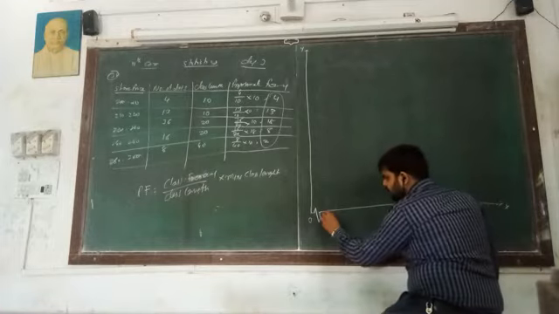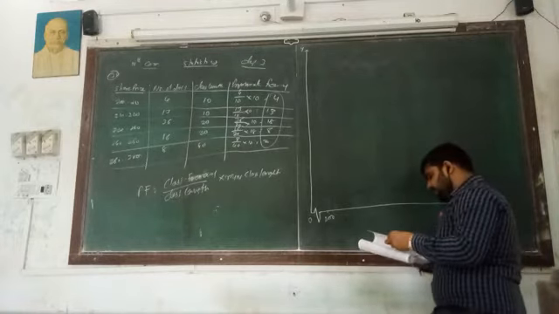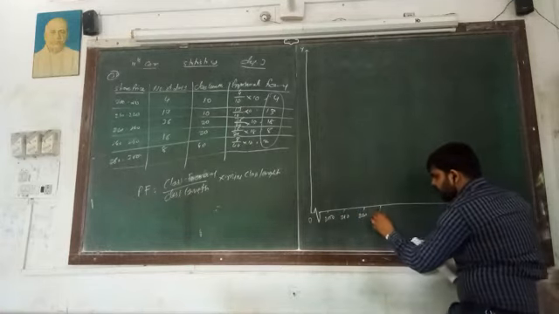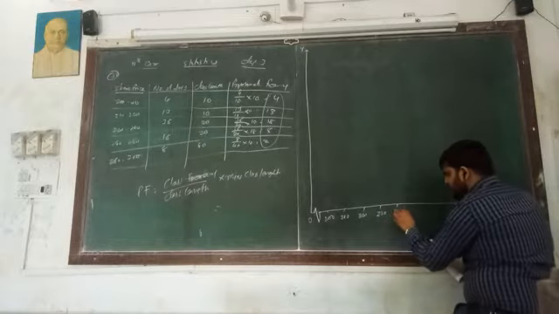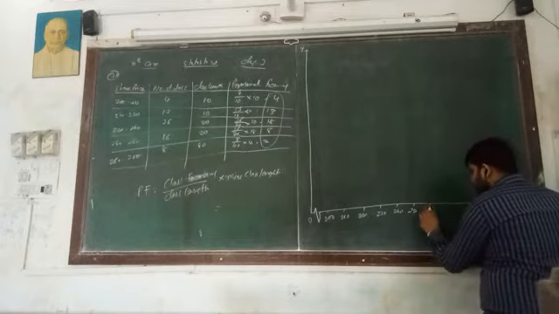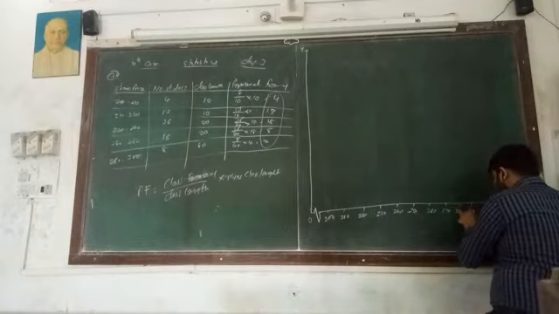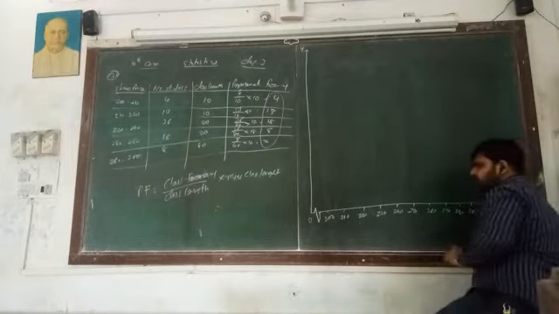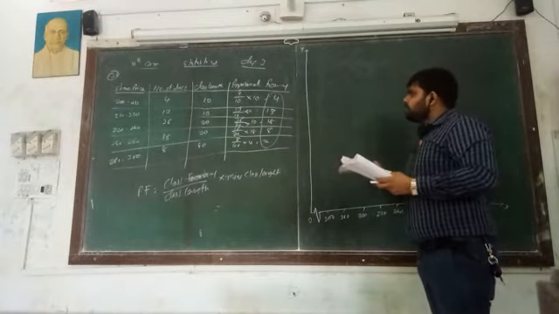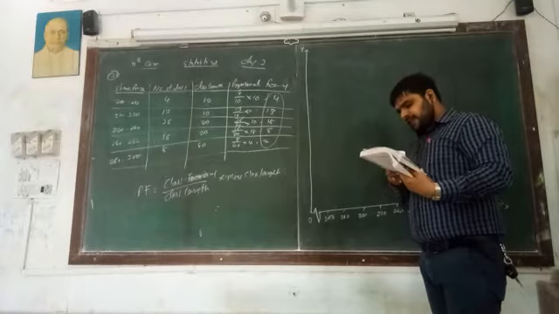Here that is 200. Then we take a gap of 10: 210, 220, 230, 240, 250, 260, 270, 280, 290, 300. So this is the x-axis. On the y-axis we take up to the maximum value, which is 18, the highest frequency.